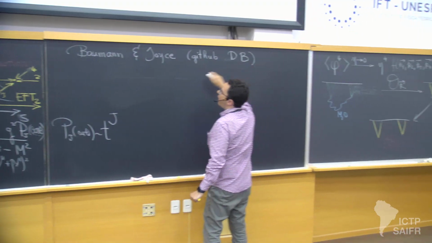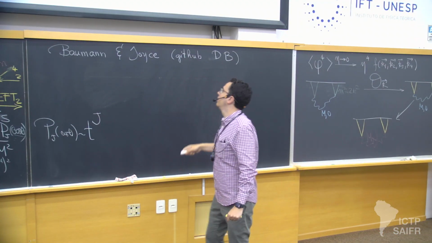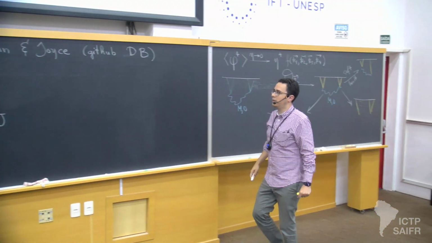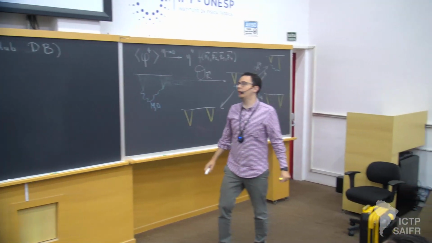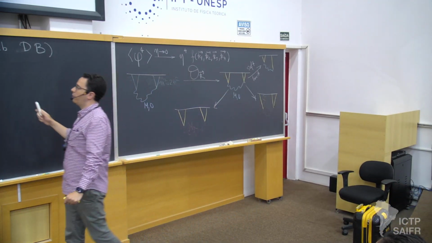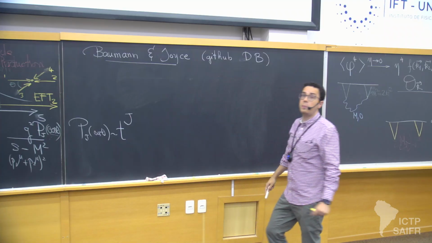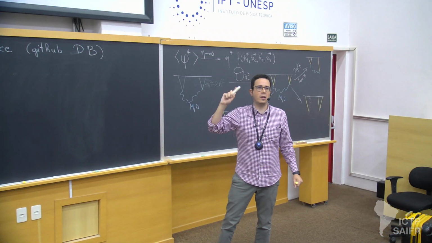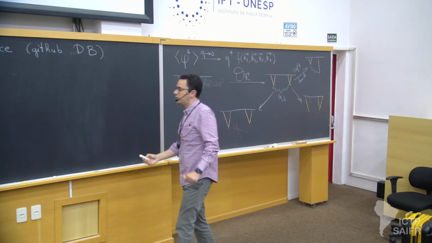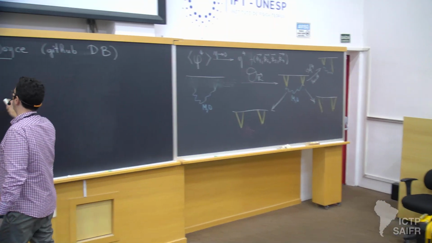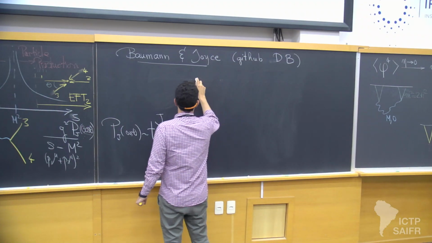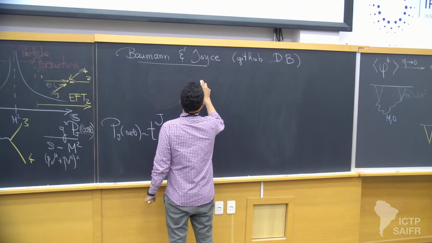If you search for Daniel Baumann on GitHub, you'll find he wrote a nice textbook in cosmology, and he also has a link to their lecture notes. It's 150 pages of lecture notes, and there you can learn everything about how to compute these cosmological correlators from various viewpoints. So there are 3 main techniques to computing them.